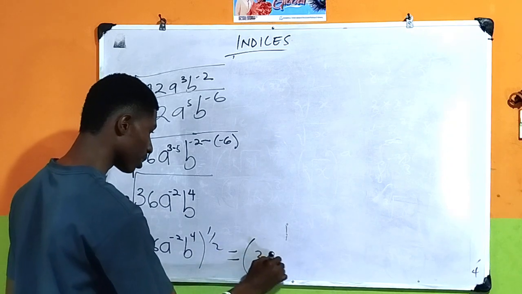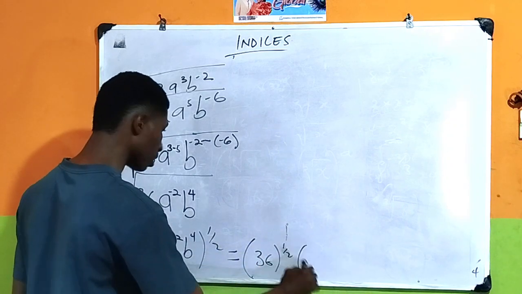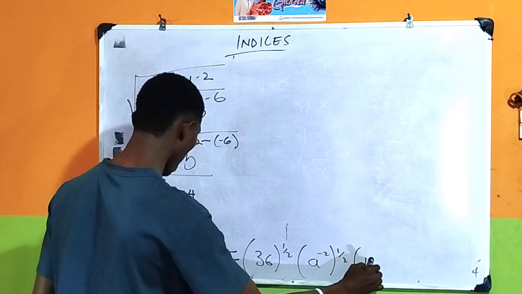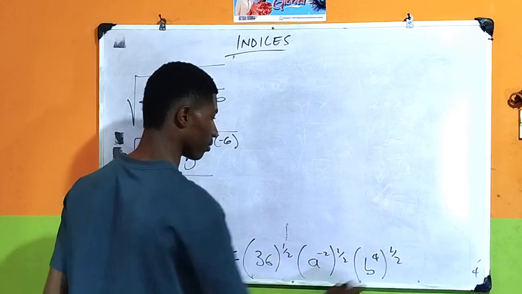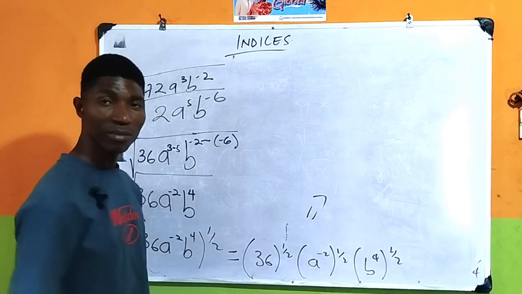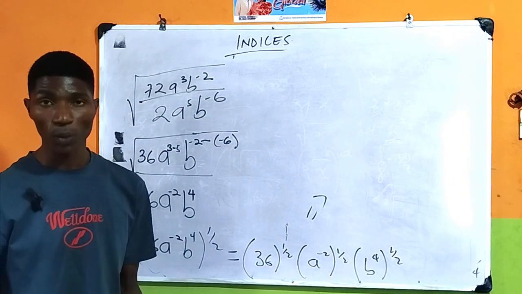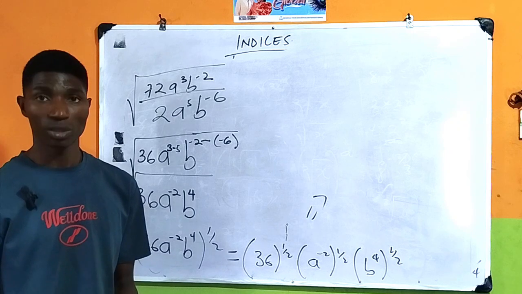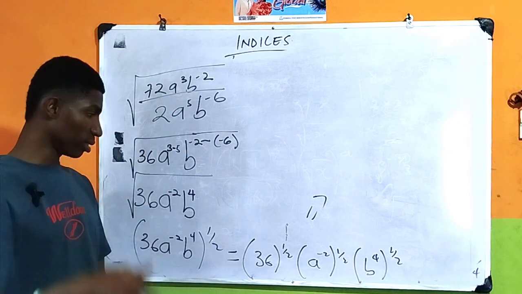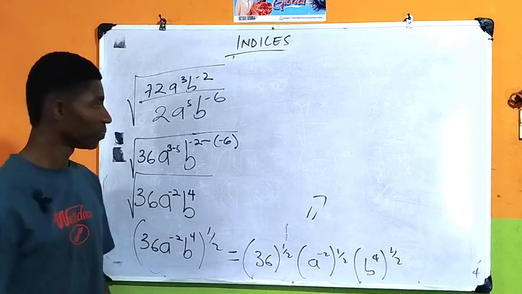So I have 36 power half multiplying a power minus 2 power half multiplying b power 4 power half. So 36 power half means the square root of 36, which is equal to 6. 6 times 6 is 36. So the square root of 36 is 6.